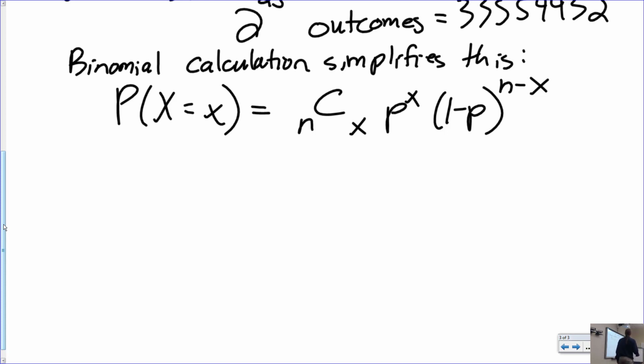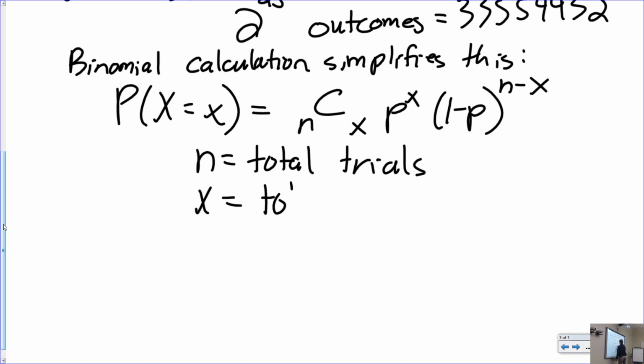Okay? So n in this formula is the total trials that you're going to take. So in this case, how many times are we flipping the coin? 25 times. X is the event, and little x is the number of correct occurrences that you're looking for in the event.